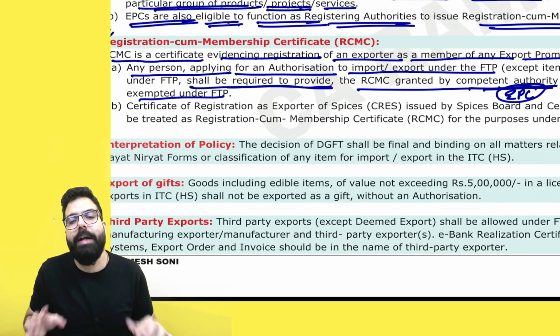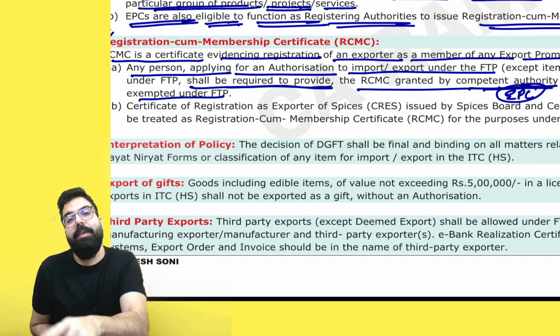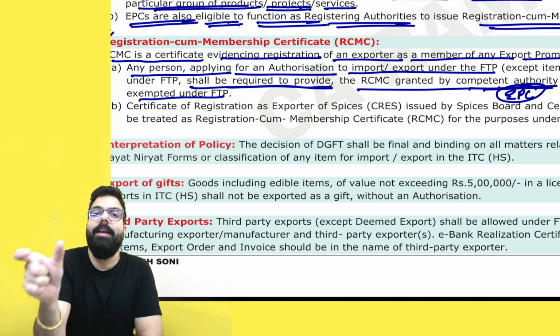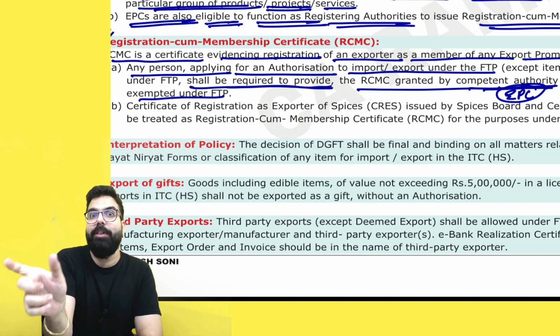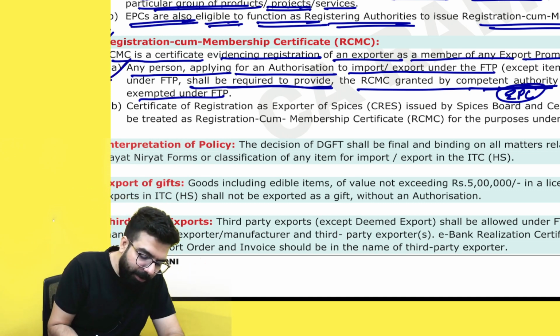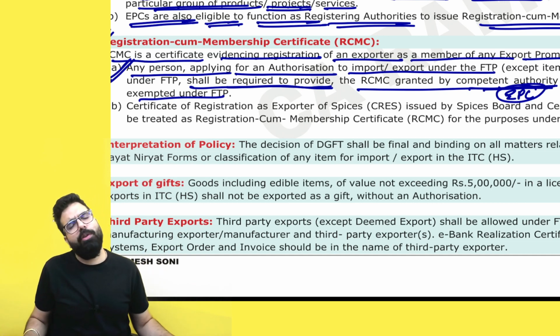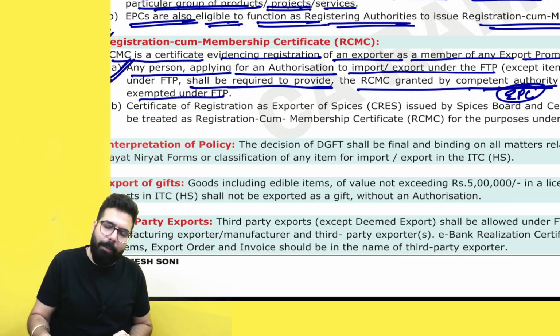So whenever you are importing or exporting, supposedly cashews, you have to give your registration cum membership certificate as an importer or exporter registered with the Cashew Export Promotion Council. So basically they are telling any person who is applying for an authorization. So if you are applying for an authorization, sir, I want a license. So Baba, whenever you are applying for an authorization, then you will need the registration cum membership certificate.